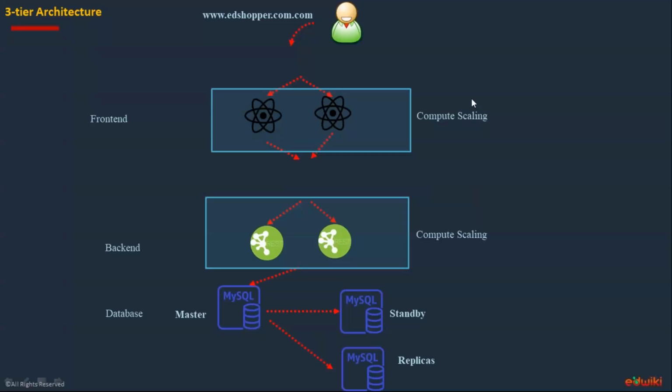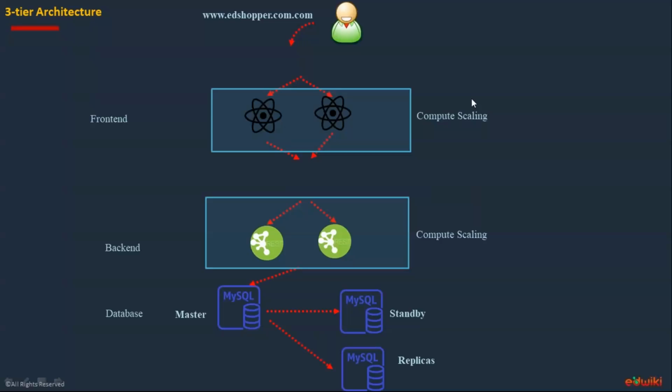In a sense, the cloud providers will install the database software, configure it, set up the master and standby, and do the replication for you, everything. Whatever I talked about here so far, this whole setup will be done by the cloud provider. They will just give you the MySQL server endpoint or the URL to connect with. You just give that URL to the backend application: hey, this is the URL you need to use to connect to the database. That's it. So simple.